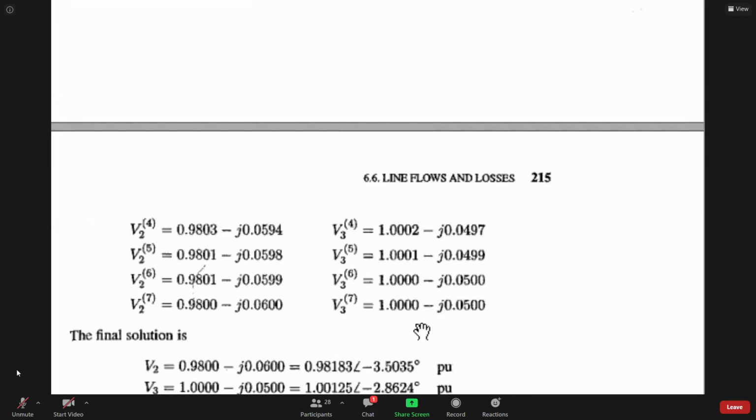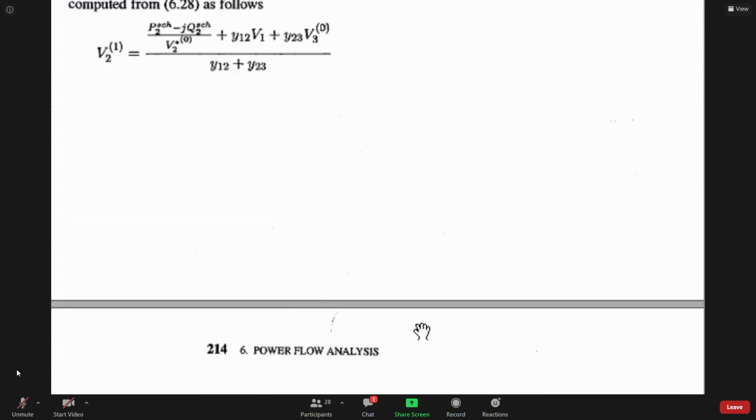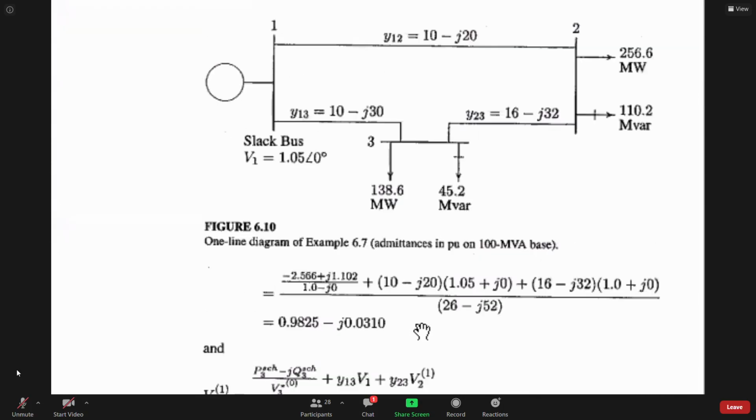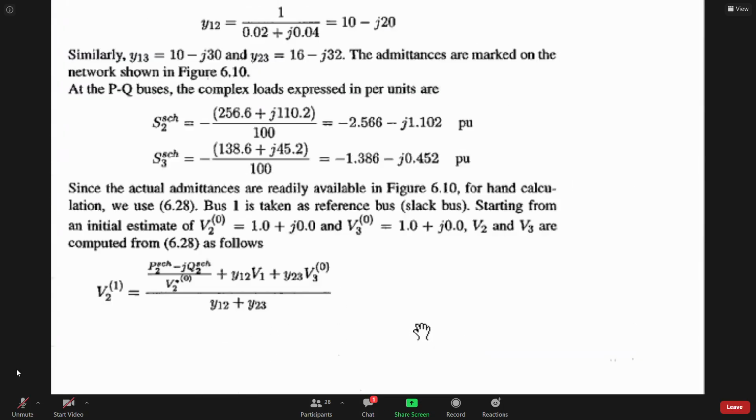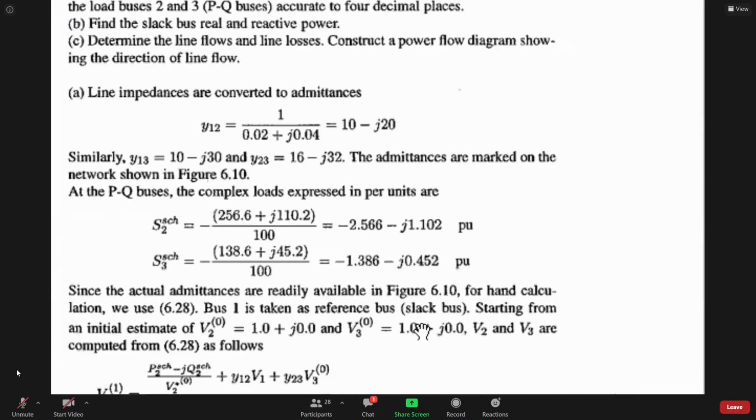If you check this expression, what are the necessary parameters? Admittance, voltage, and power. Power is already given. Admittance you have to determine.